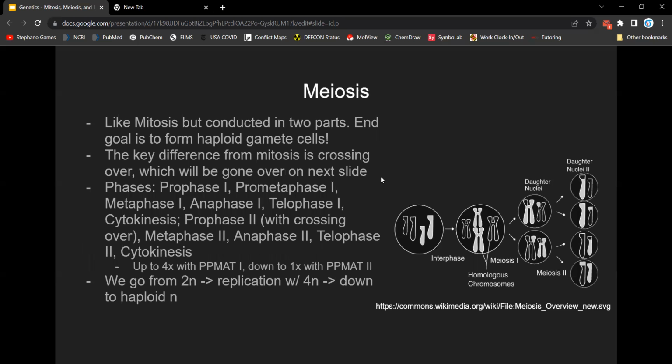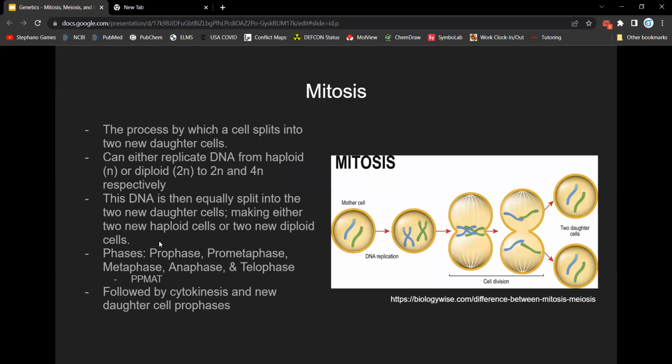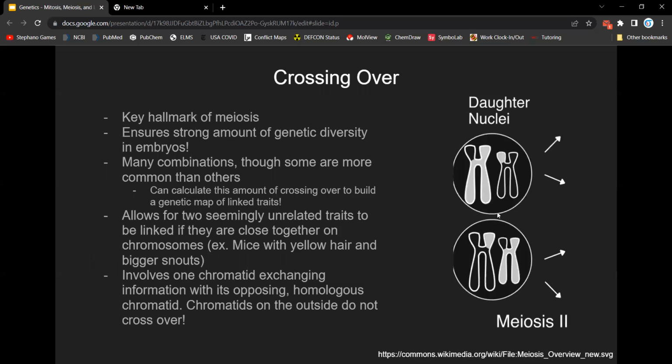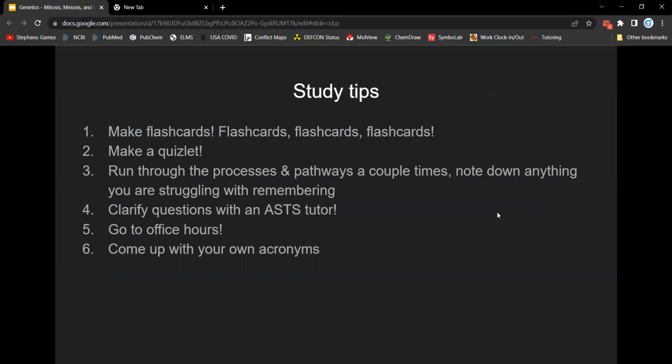So if we go back to, let's say, mitosis, knowing the acronym PPMAT to go over these 5 phases of mitosis, and then categorizing different things that happen in those phases can really help you understand the process better.